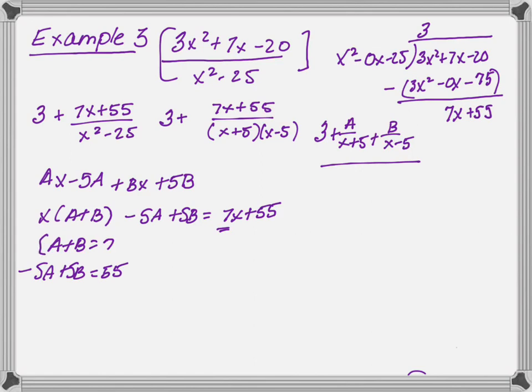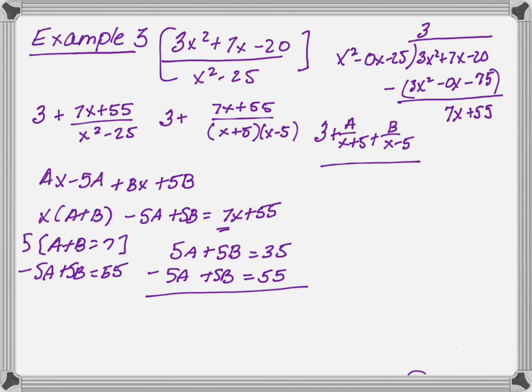So let's multiply the top one by 5. So I get 5a plus 5b equals 35. Negative 5a plus 5b equals 55. Adding them up, I get 0 plus 10b equals 90.